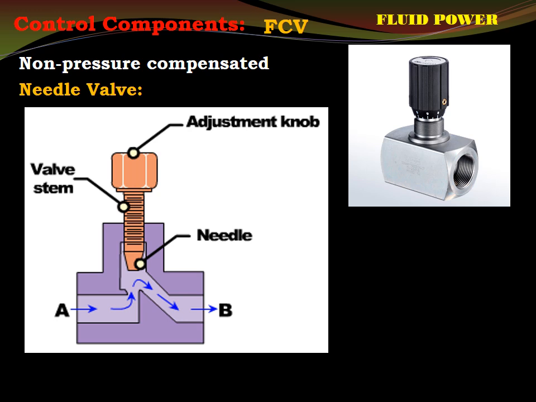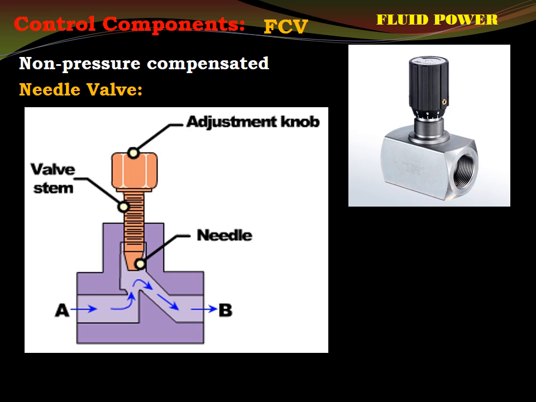And this adjustable orifice can be used to reduce or to increase the flow through the circuit. The size of the orifice is adjusted by turning the adjustment screw that raises or lowers the needle, as being shown here.